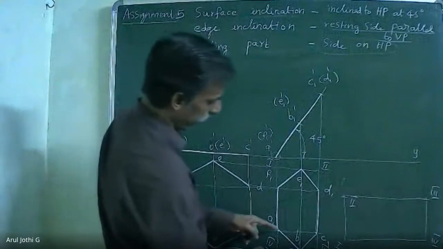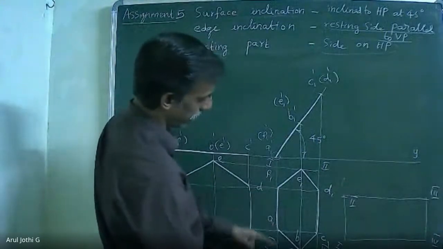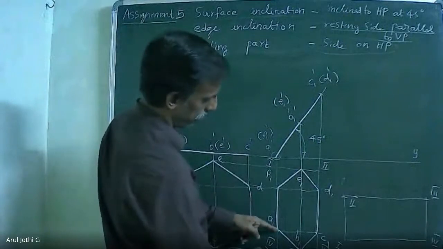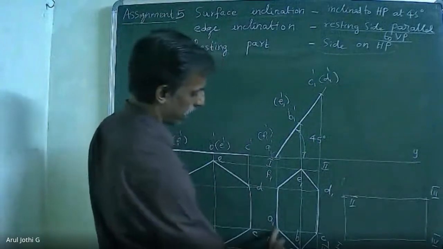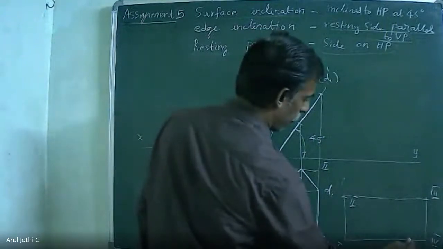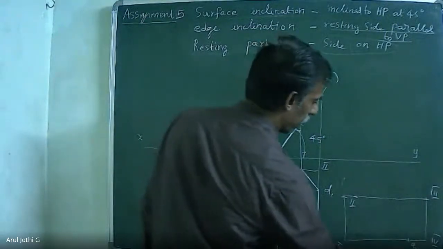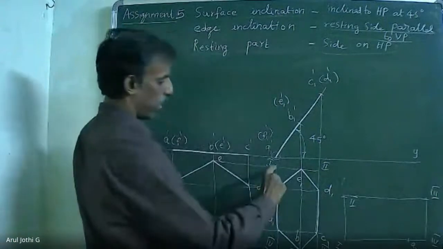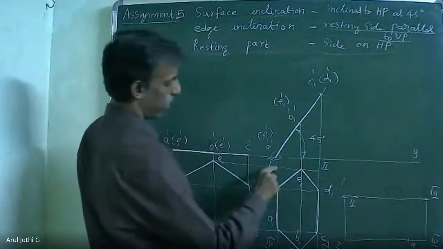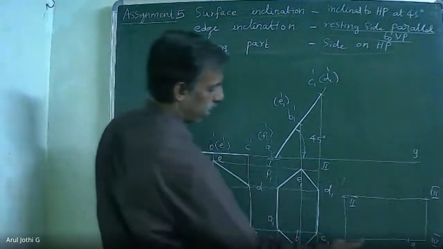Now measure 4 A1. A and F are available on line 4, 1. 4 to A1, this gap we have to measure and transfer on 4, 1. This will be A2. Then 1, F1. Measure this gap 1, F1 and transfer here.